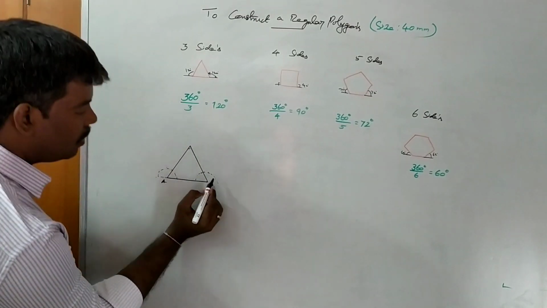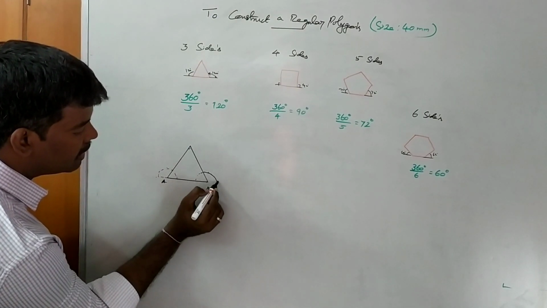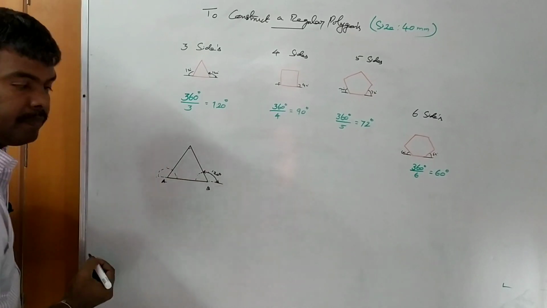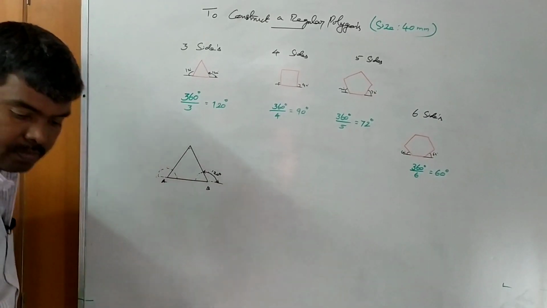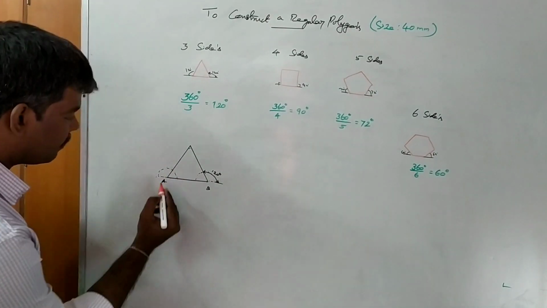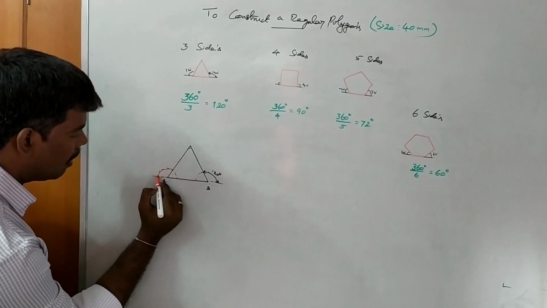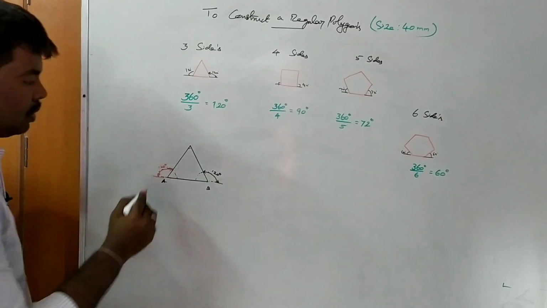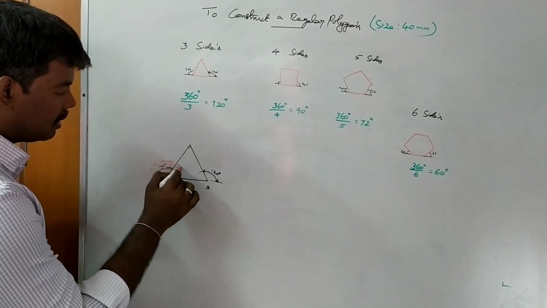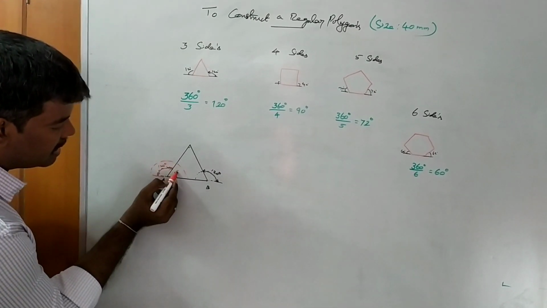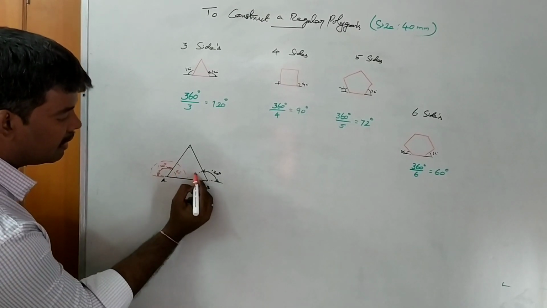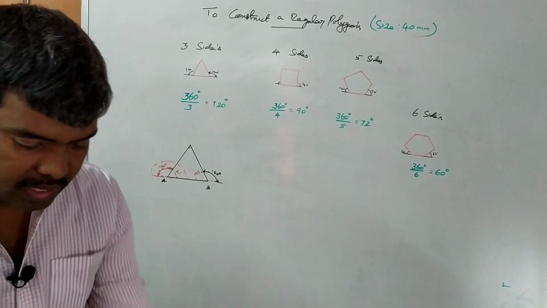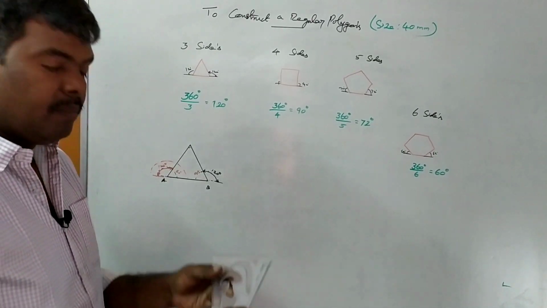So this angle is 120 degrees, and this one also is 120 degrees. You know well the total angle is 180, therefore the inside angle is 60. Clear? Instead of this, we can also use a set square.